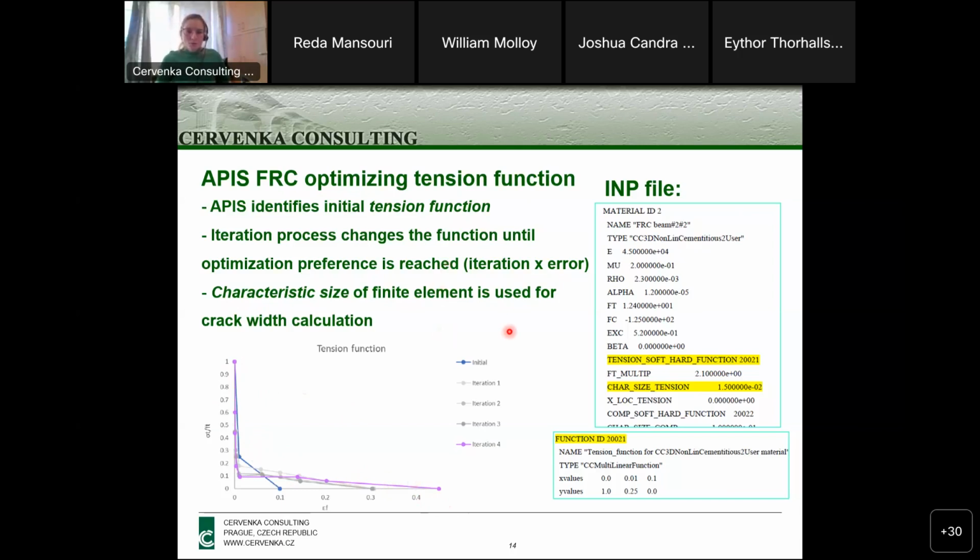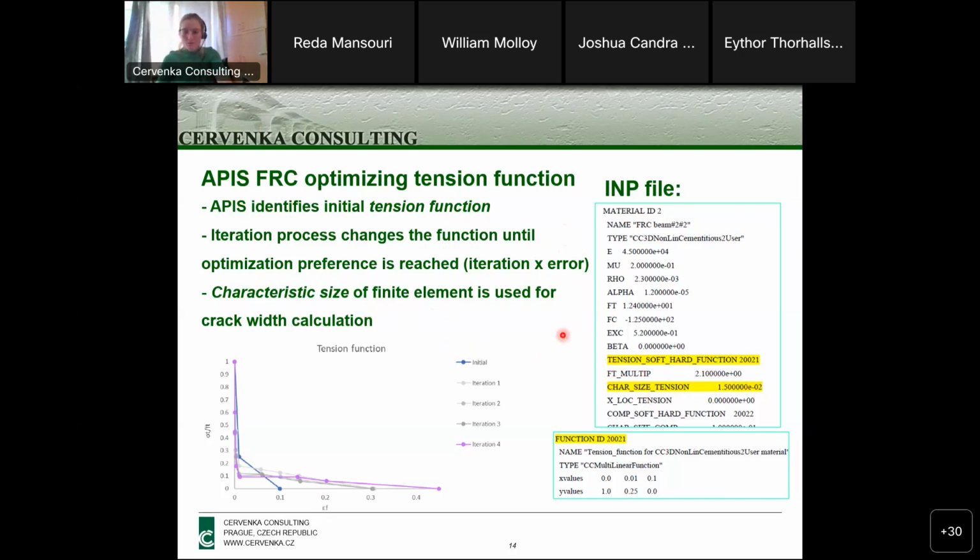When you run the iteration process, the user has preferences for how to stop the optimization, either the number of iterations that you specify or the target error. Another thing that you are taking from the input file is the characteristic size of the element that is used for crack width calculation, and that is not changing during the optimization.